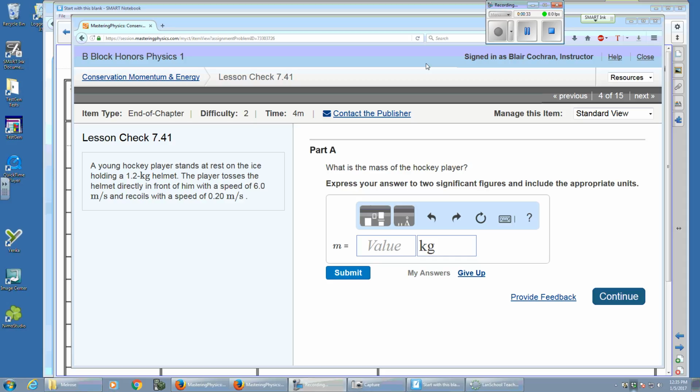So, this is one where you need the before, during, and after, right? Technically, if we had to rank this as a type of collision, what would we rank it as?